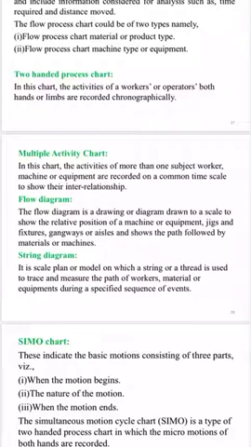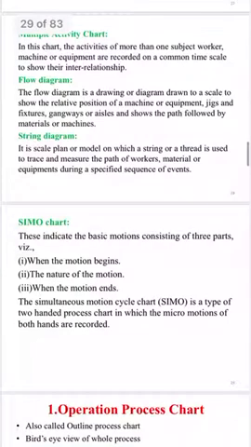And then finally we will see the micro process chart, that is the SIMO chart. SIMO means simultaneous process chart. This is nothing but a basic motion chart which consists of 3 parts, that is when the motion begins, the nature of the motion, and when the motion will end.